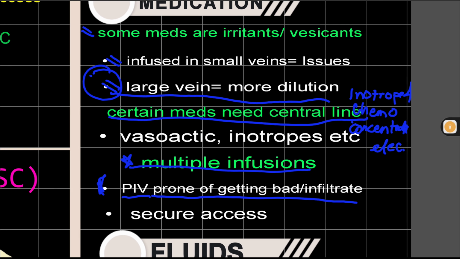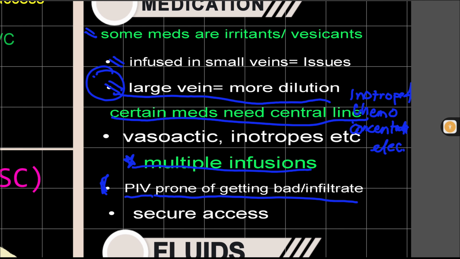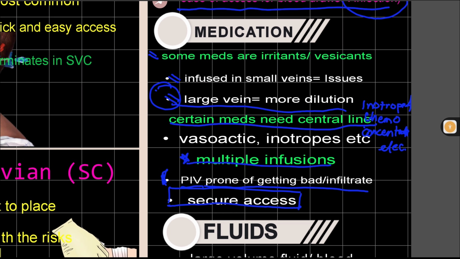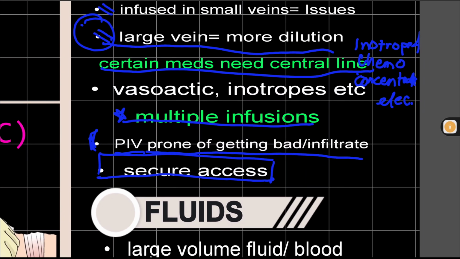Now, when you have a central line and you're giving all of these vasoactive medications and highly irritant medications to your patient, you are sure that you have a secure access, provided that the central line is patent, not dislodged, not misplaced, and is fully functioning. You know what I mean? So that is all about the indication for your medication.